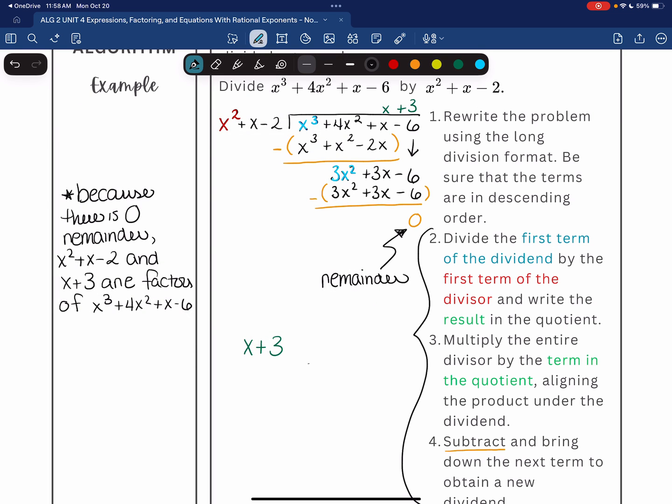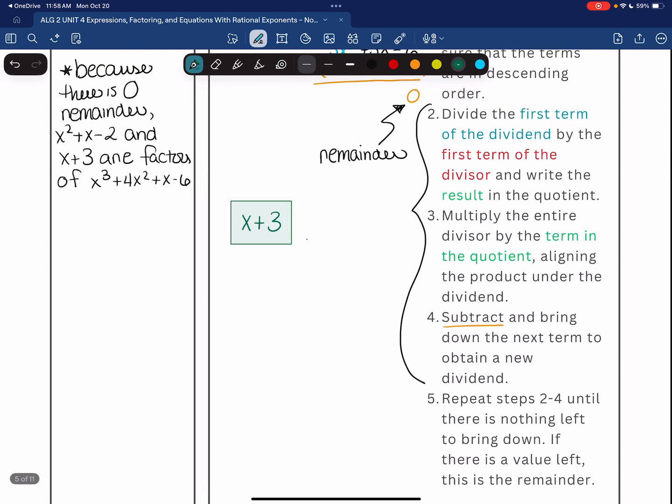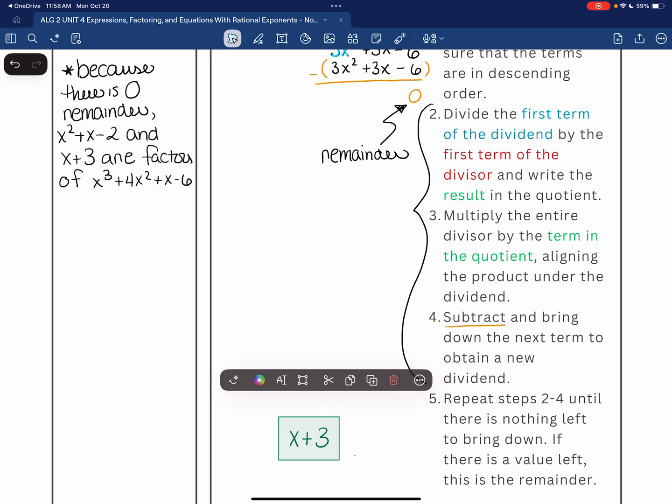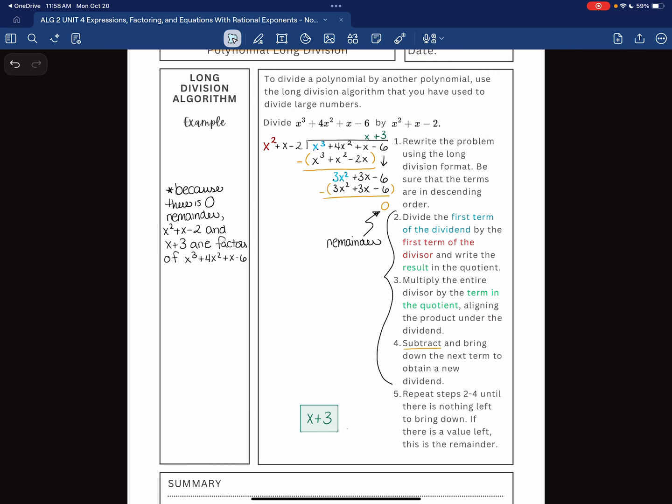That, ladies and gentlemen, is our answer. There we go. That is the long division algorithm.